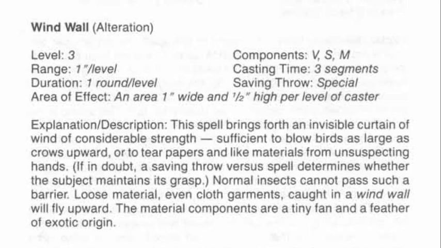If one uses a gust of wind and the other one uses wind wall, the DM will have to figure out how they interact. Now, clearly people can cross a wind wall, though they will feel the effects of the wind while they do so, and with their clothes flying upward. It's not mentioned here, but the DM will need to think about what happens with missiles thrown across the wind wall.